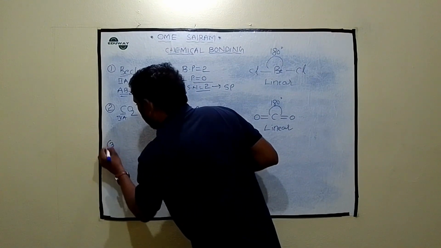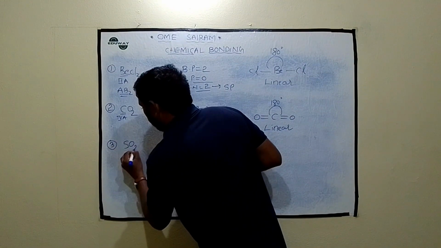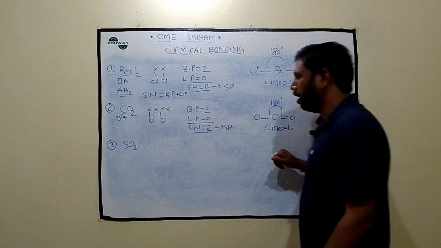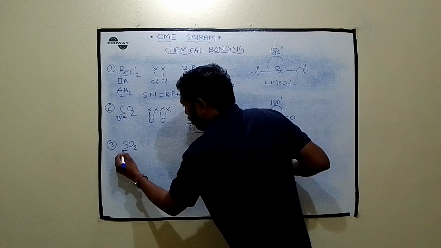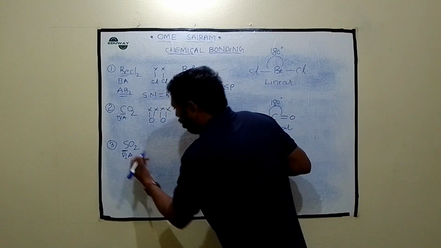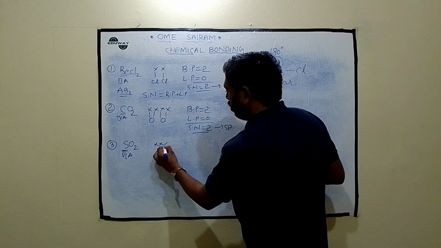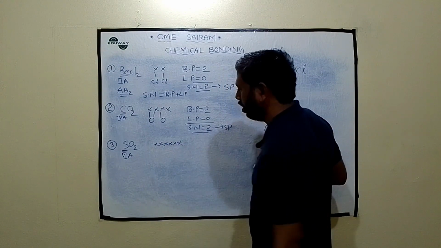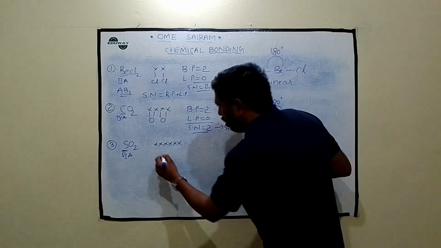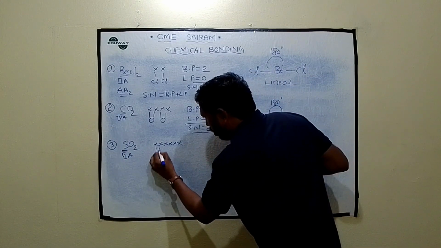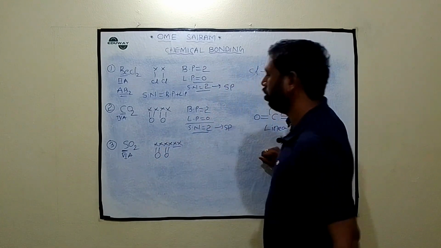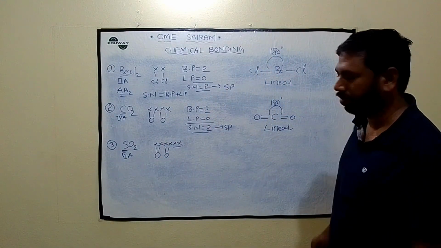Next, sulfur dioxide. In sulfur dioxide, the central atom is sulfur. It belongs to the 6th A group and it contains 6 valence electrons. Here sulfur is attached to two oxygen atoms. Every oxygen can form a double bond and the remaining 2 electrons exist as one lone pair.